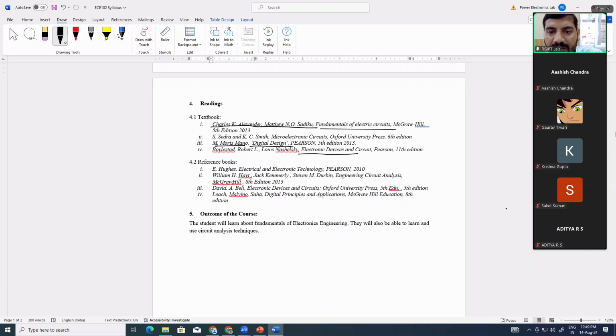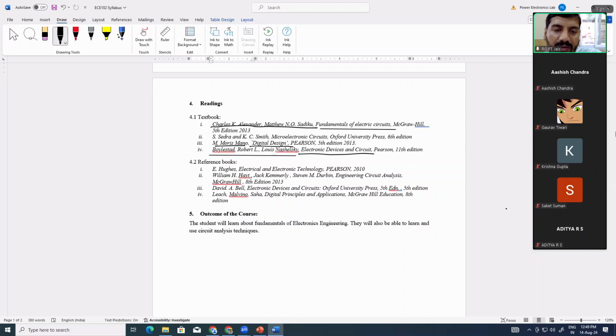For electronic devices, you can see in Unit 2 there are topics about electronic devices, so you can follow the book by Robert Boylestad, Electronic Devices and Circuit Theory, Pearson publication.